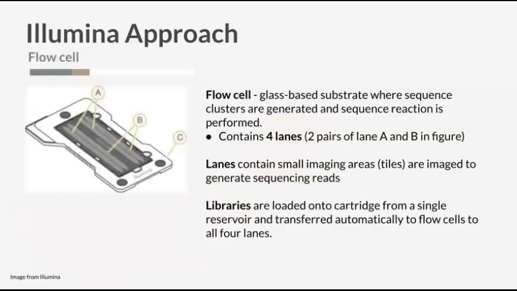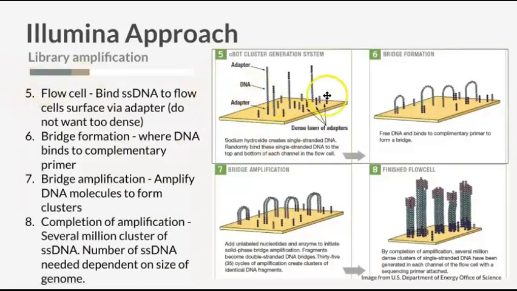Okay, so this is an example of what a flow cell might look like. The flow cell will have these lanes. These are the lanes right here, and I'll have a pair of lanes. So this is lane A, and this is lane B. What you're going to do is place your sequencing library that you prepared onto this flow cell. This flow cell is this glass-based substrate where the sequence clusters are generated, right? So when we looked at this image right here, this is our flow cell.